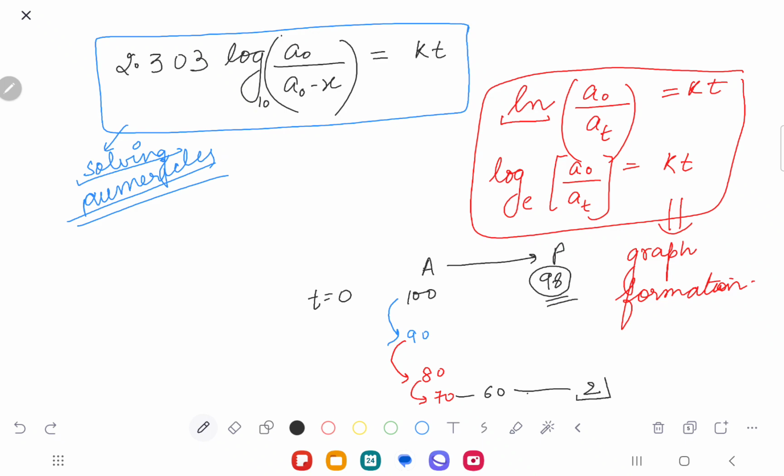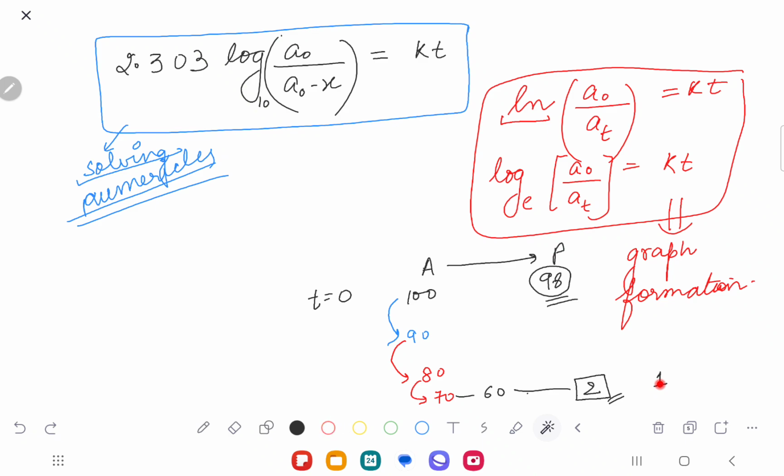Do you think that the intensity of the collisions would be very high when only two reactant molecules are left? No, ma'am. With regards to 100 reactants or 90 reactants, when only two reactants or only one reactant is left, the vibrations would keep on decreasing.